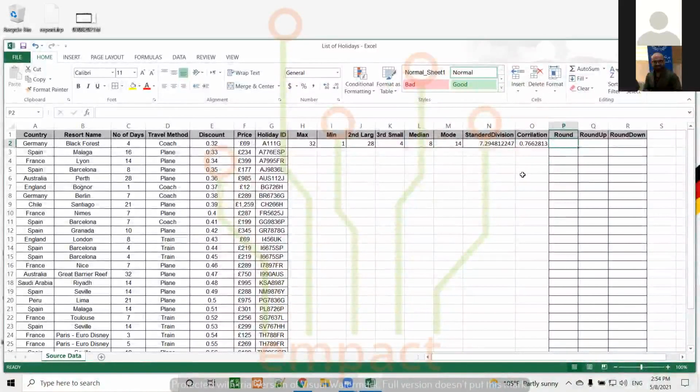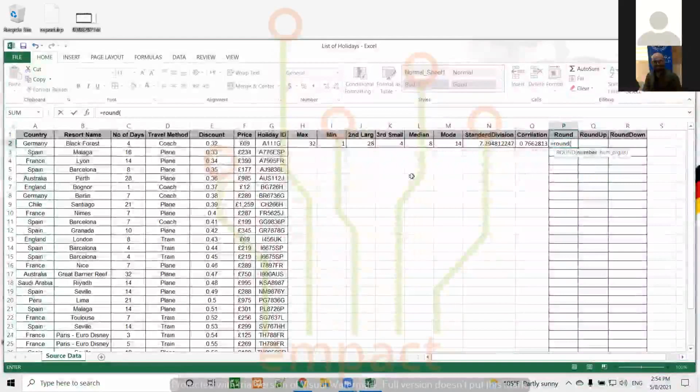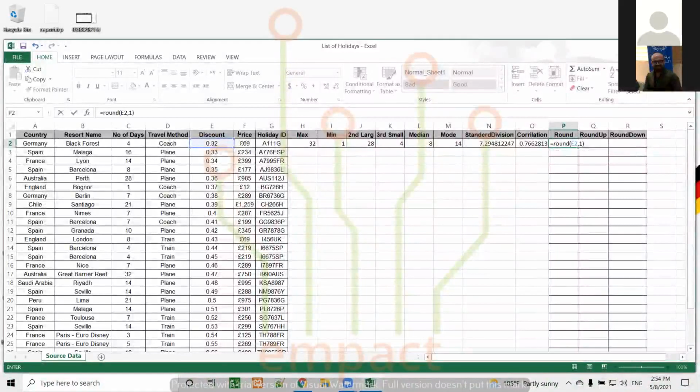Let's see the first one. We say the standard one: equals ROUND. We give the number, which is a decimal number, and for the rounding, I want to do it for the first digit, which here is 3. So if the number coming after 3 is bigger than 4, it becomes a number and goes to the one before it.